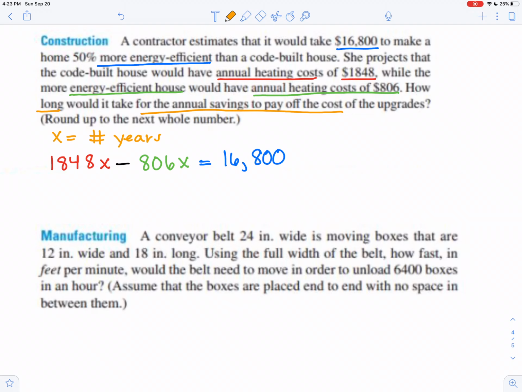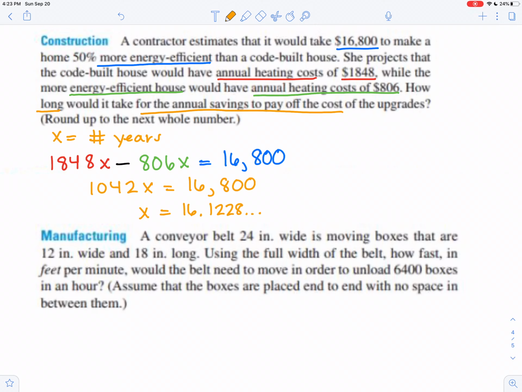So I'm going to look at 1,042 times x, that's just combining like terms, is equal to 16,800. To solve, I'm going to divide both sides by 1,042. That gives me a value of 16.122 and so on.